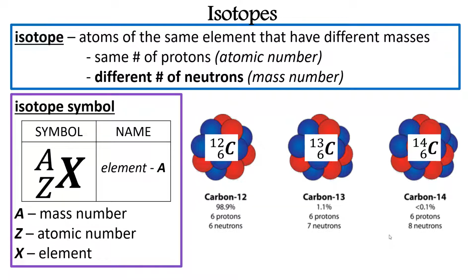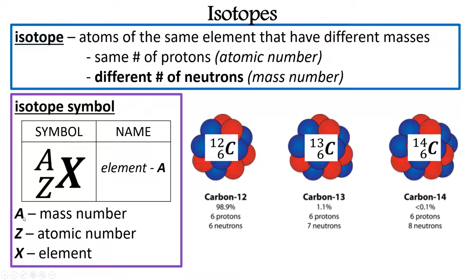We talked about the isotope symbol. So this is just notation for when you're writing about isotopes. So we know that, for example, there are 3 isotopes of carbon: carbon-12, carbon-13, and carbon-14. So the name, when you write it out, is the element, dash, the mass number.